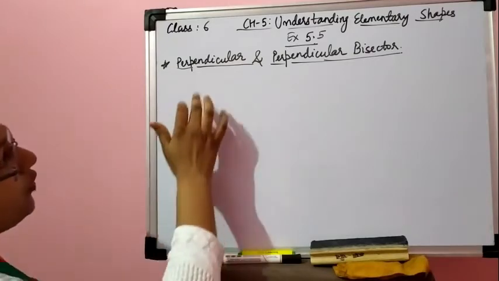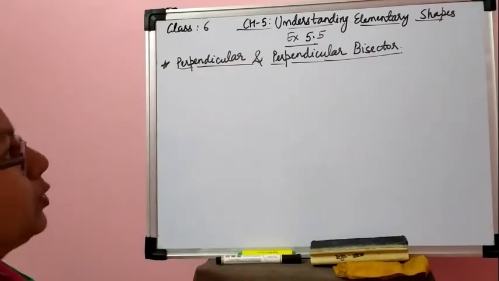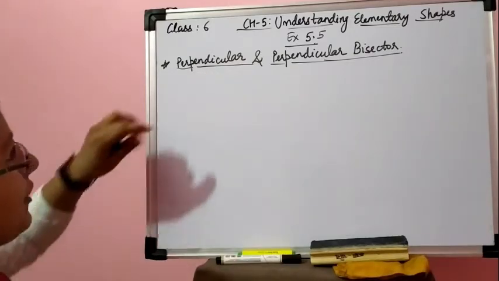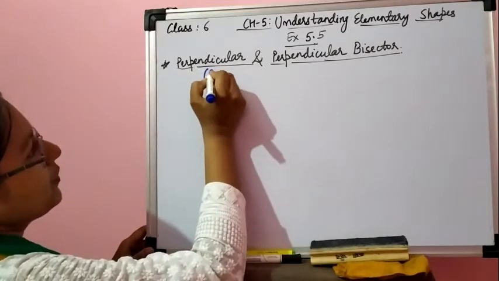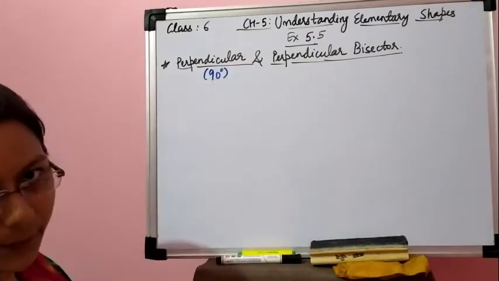Now first of all, what is perpendicular? If I define perpendicular in one word, then that is 90 degree.